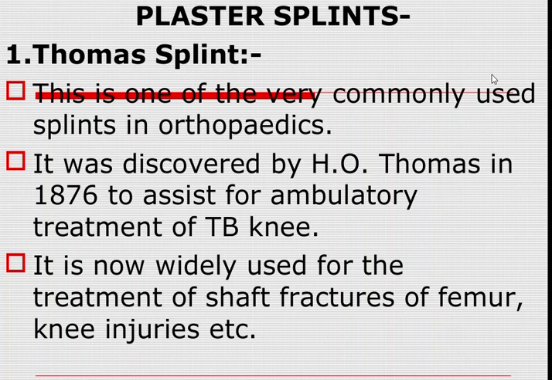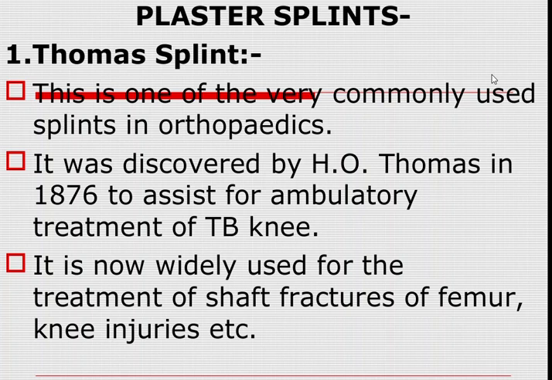It is a very commonly used splint in orthopedics. It is named Thomas because it was discovered by H.O. Thomas in 1876 to assist in the ambulatory treatment of TB knee. Ambulation we already discussed: it is the removal of a body part, a below-knee part that is removed. Here the term is TB knee, that is, tuberculosis of the knee.